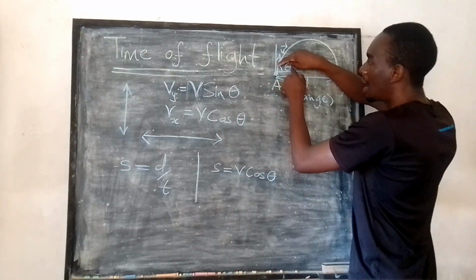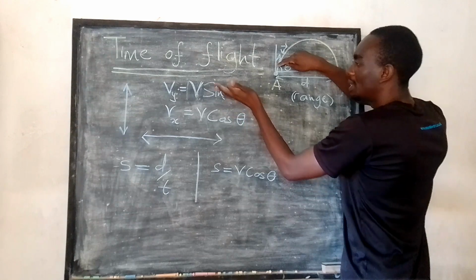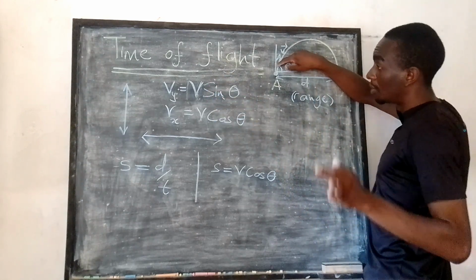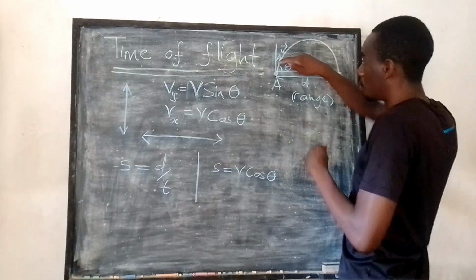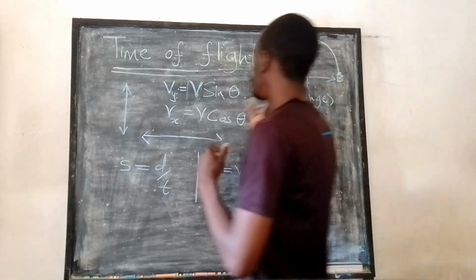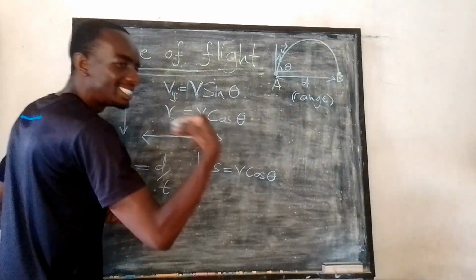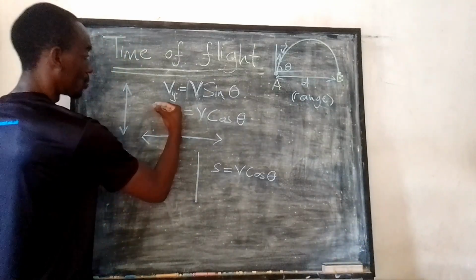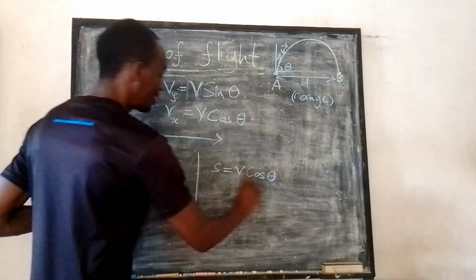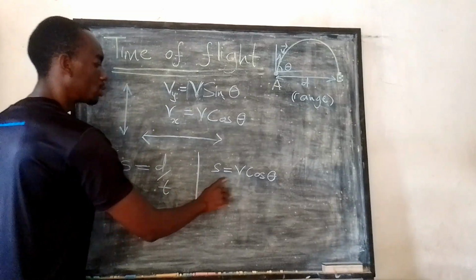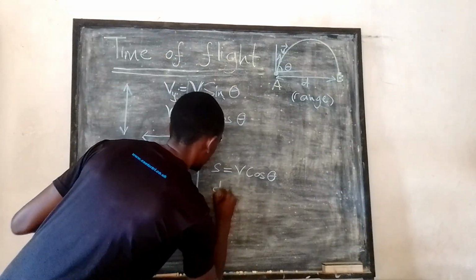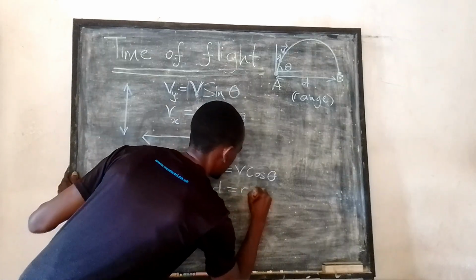If you want to understand how exactly you determine where sine goes and where cos goes, watch my previous video where I talk about velocity, the first video on projectile motion. So please, do not memorize this. Understand where they are coming from so that you yourself too can derive these formulas. Now, in this case, we have the speed is equal to V cos theta. Now, what is the distance? The distance is the range.